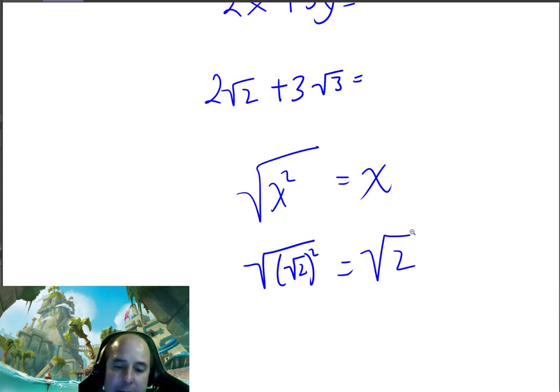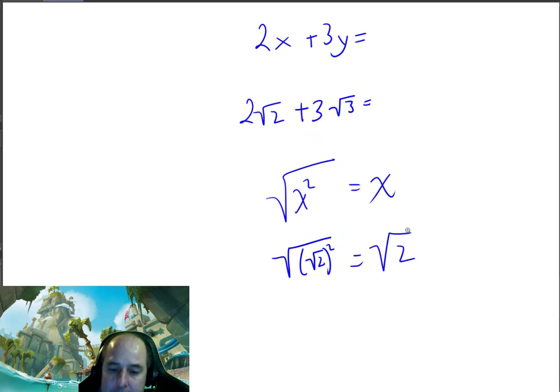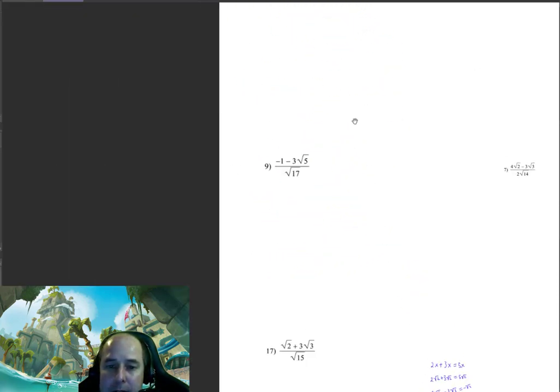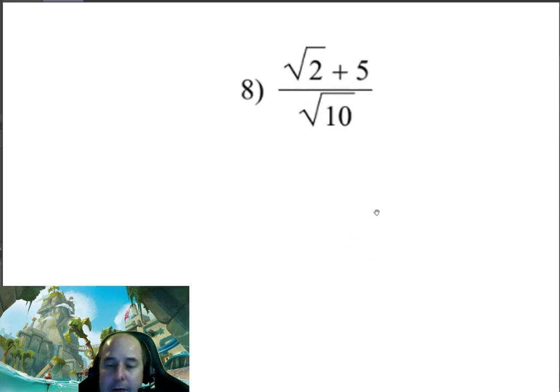Anyway, this just gives you an idea of a few different things. I'm basically just trying to lay a foundation for the basics of radicals so that as we work up here, it's not very confusing to you.